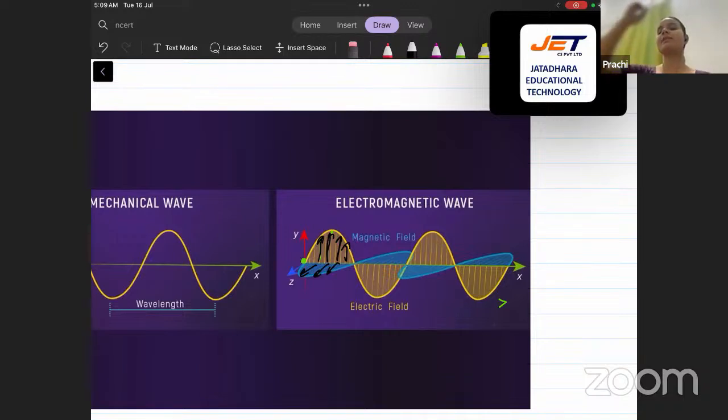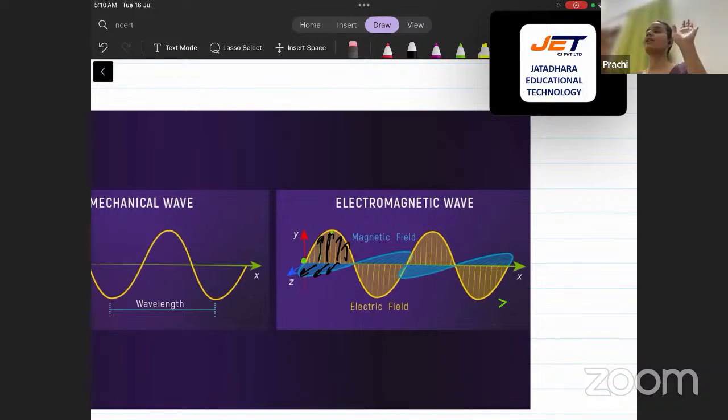So this will be your magnetic component, and then you have the electric component. So how are they vibrating? One is vibrating like this and the other one is vibrating like this. And both of them are at 90 degree to each other and also at the angle of 90 degree to the propagation of the wave.